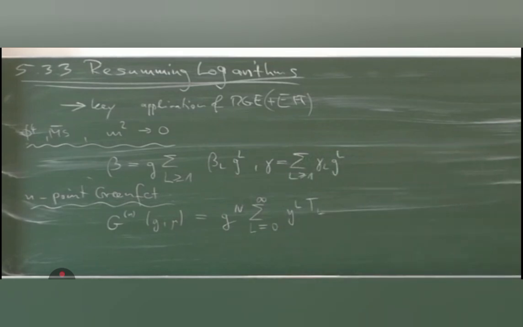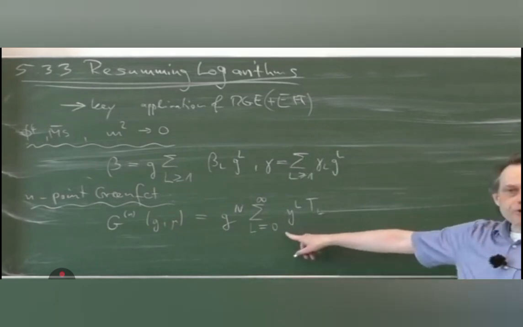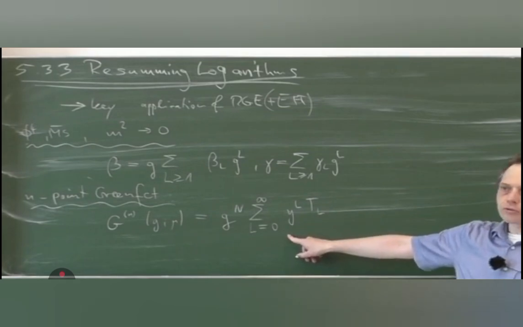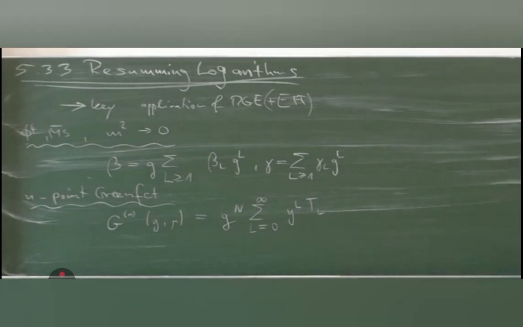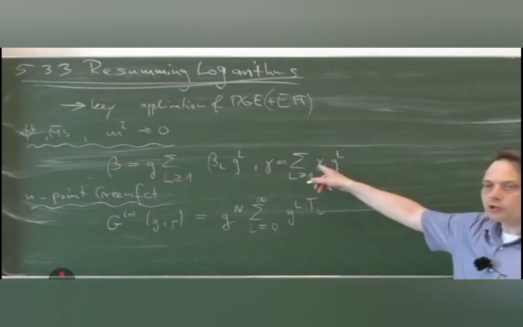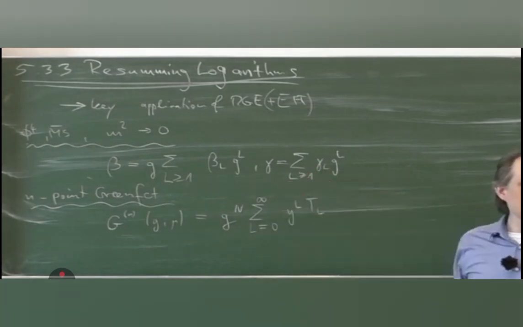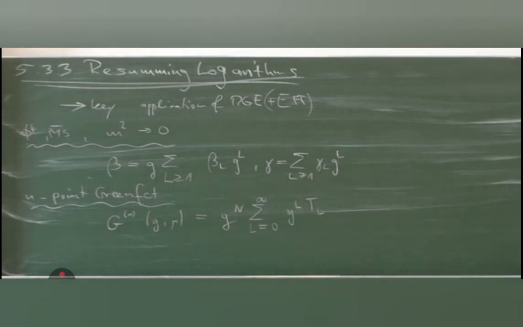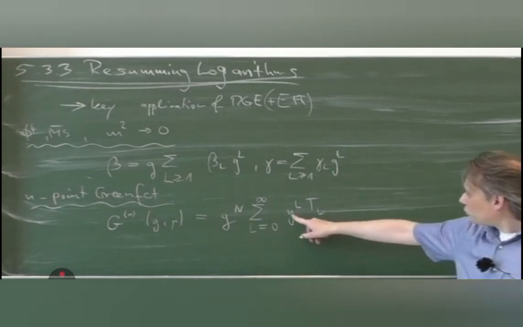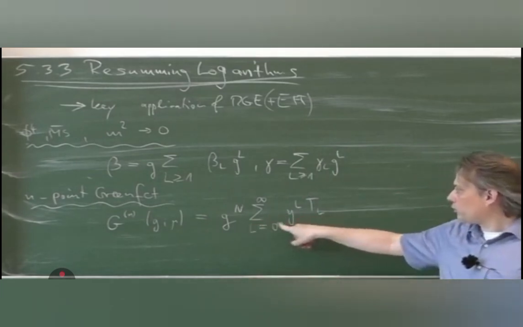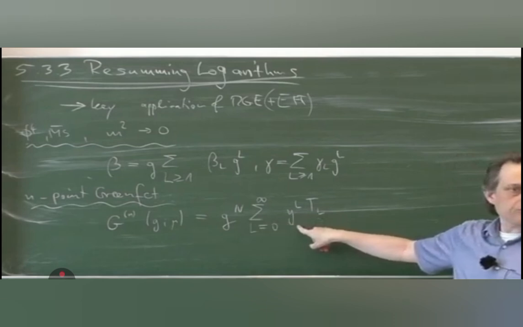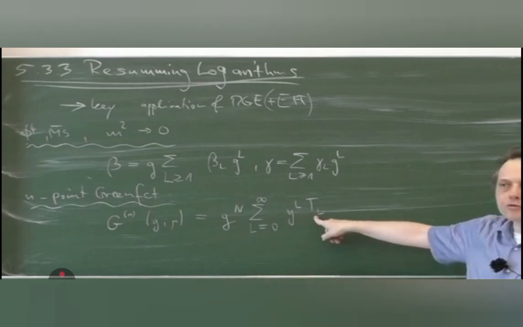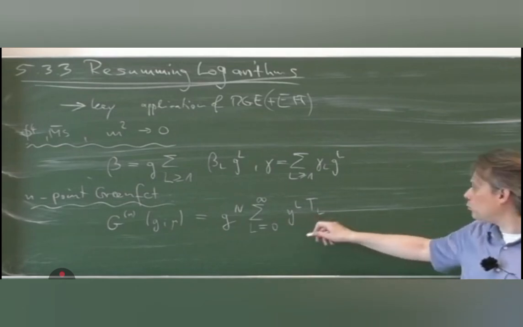Okay? So here the sum starts at 0, because the Green function of course may have a tree-level contribution. The beta and gamma functions have no tree-level contributions. And so the dependence on the coupling is explicitly a power series. Therefore these coefficient functions can only depend on μ.